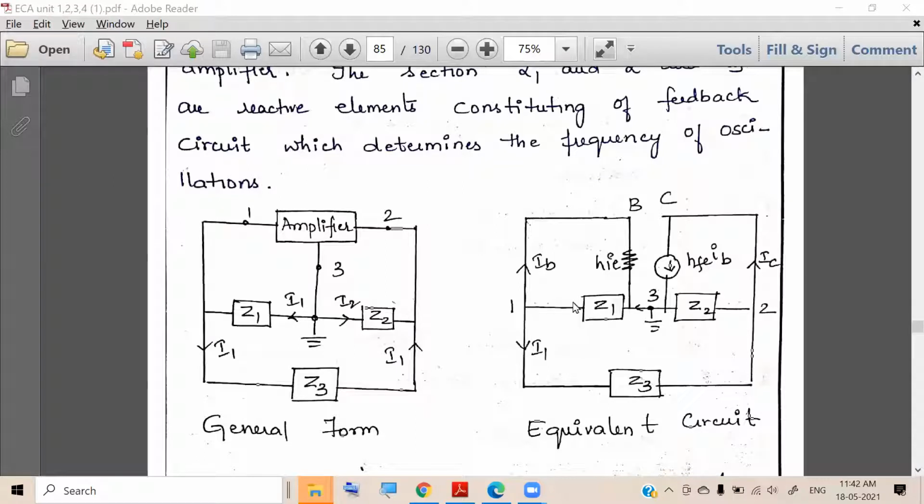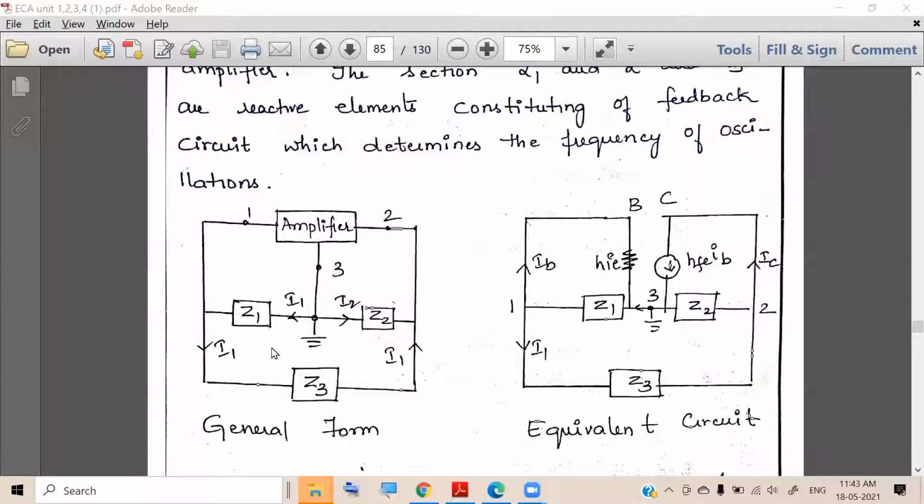See the circuit: I1 flows here, but because IB is negligible, nearly zero current flows here. So whatever I1 comes here, the same I1 has to flow in this path through Z3. That is the reason I1 is labeled here.